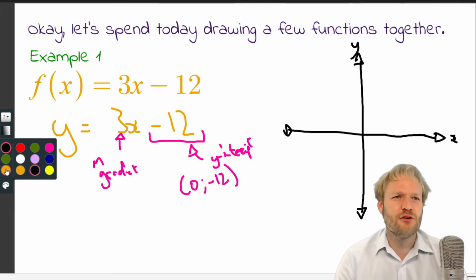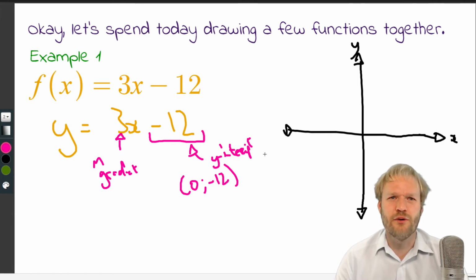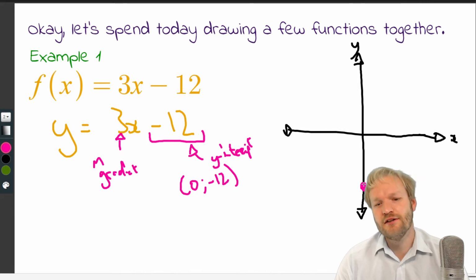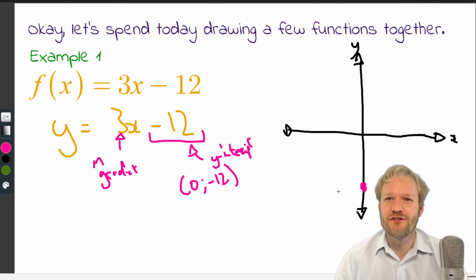We know the y-intercept, so minus 12 goes right over there, at 0, minus 12.